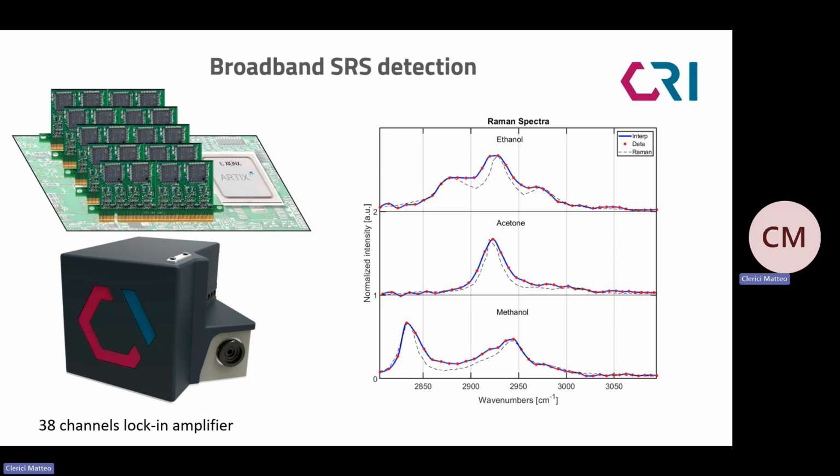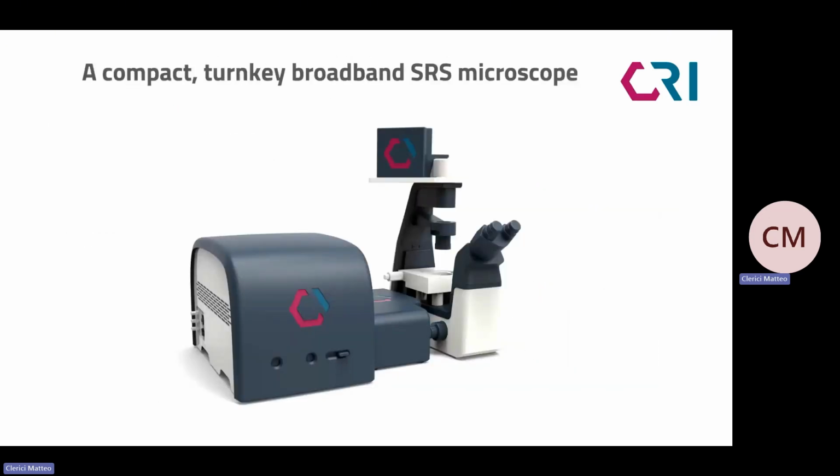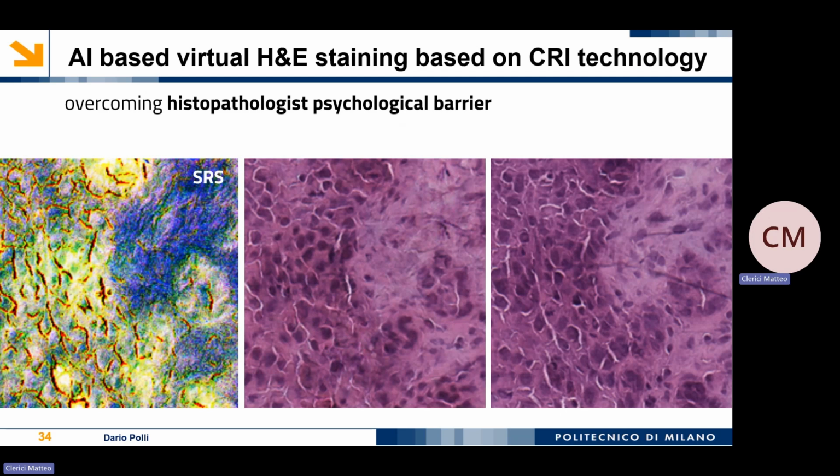And so they have this multi-channel lock-in amplifier, and they have also a full microscope system that they are selling with the laser, the microscope, the detection chain, and everything. And they can perform a comparison of H&E stained with AI stained tissue, and they are very, very similar, almost identical.